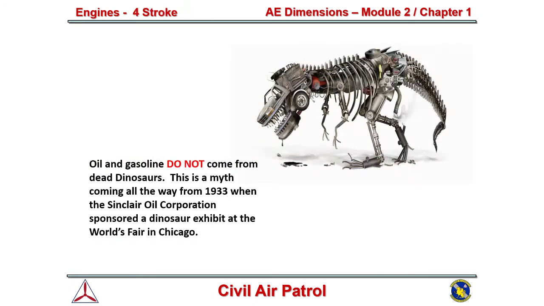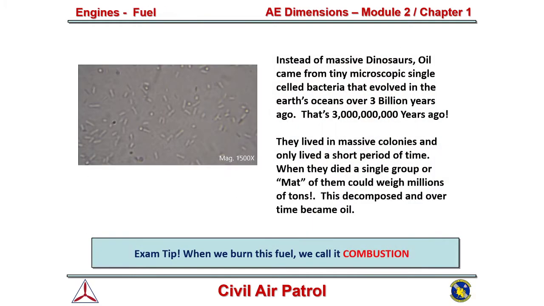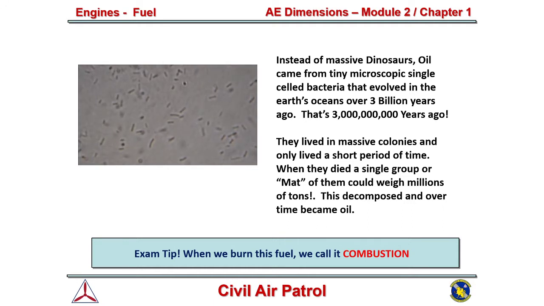So, one thing a lot of folks think is that oil comes from dead dinosaurs. That's not the case. Oil actually comes from little tiny bacteria, and here you can see in this video them vibrating around. You would think little bacteria couldn't have produced that much oil. However, that's not the case. These things lived in incredibly massive colonies, and they only lived a short amount of time.